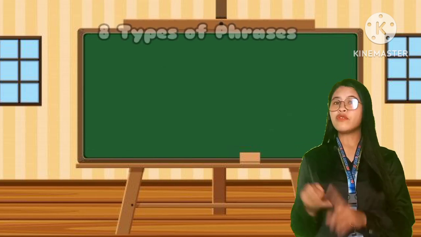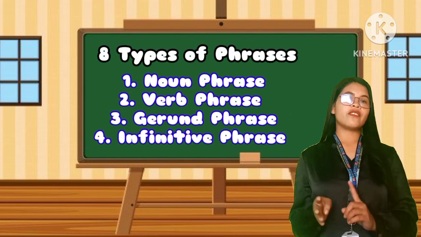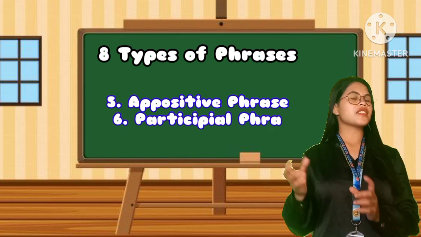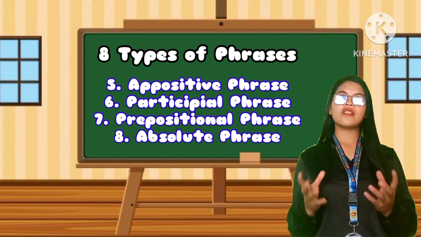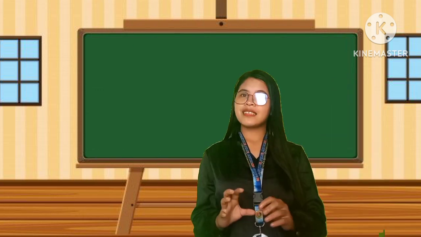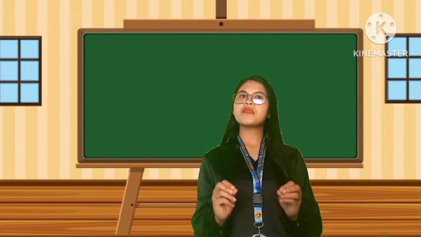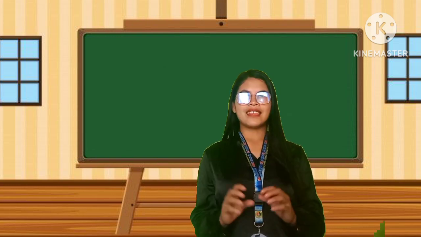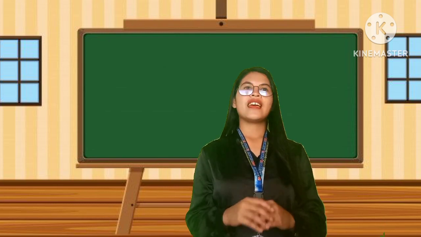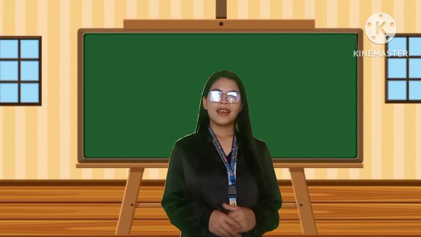These are noun phrase, verb phrase, gerund phrase, infinitive phrase, appositive phrase, participial phrase, prepositional phrase, and absolute phrase. But for today, let's not dig deeper into the types of phrases, and let's discuss them more in our next discussion. For now, let's proceed to what is a clause.